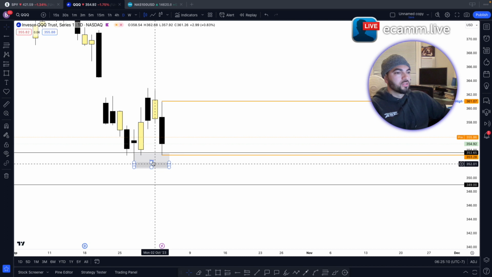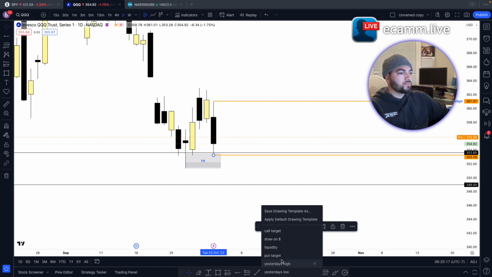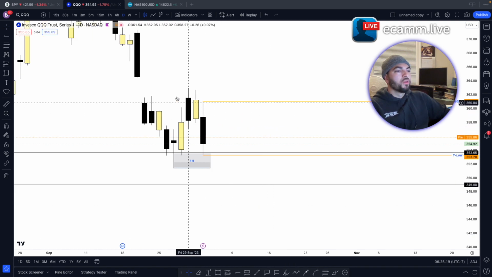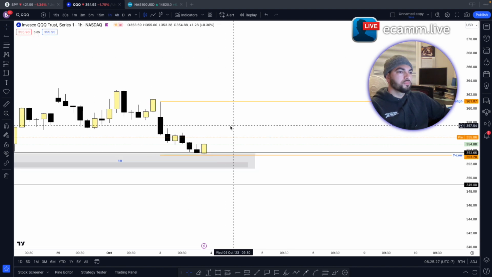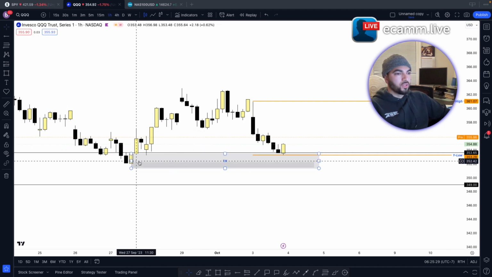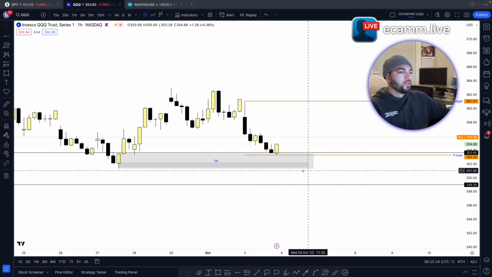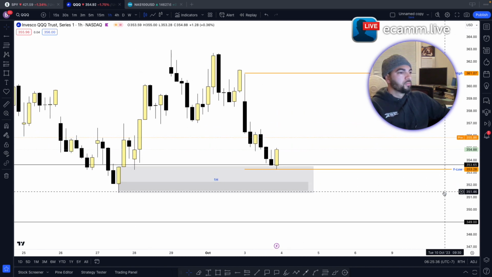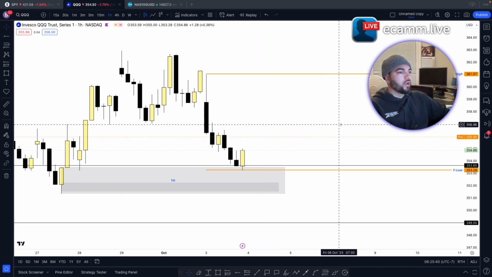Yesterday's low was actually in a one-hour demand zone. Impulse move up, leaves behind demand. As you can see, we're hovering here at 355.95.